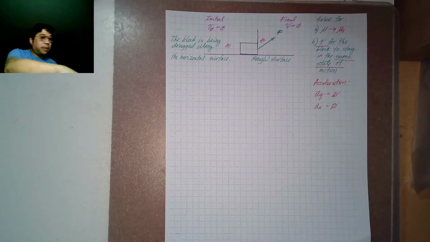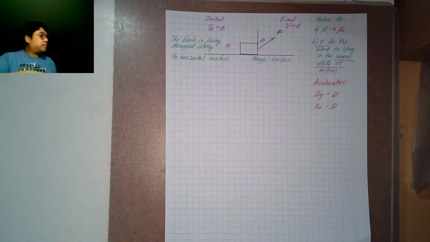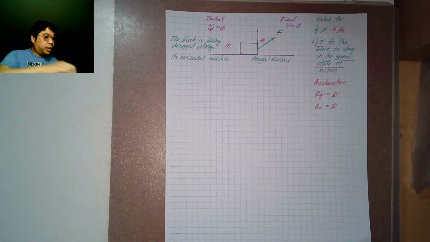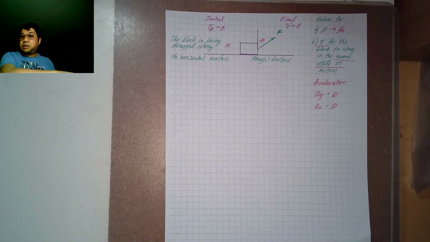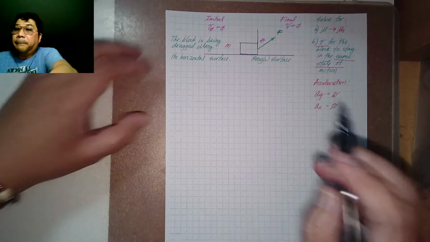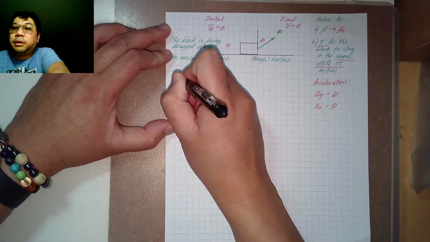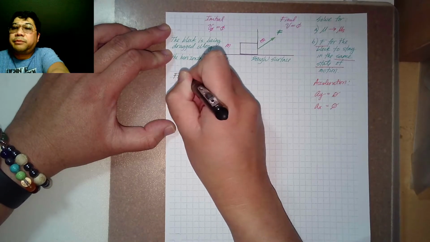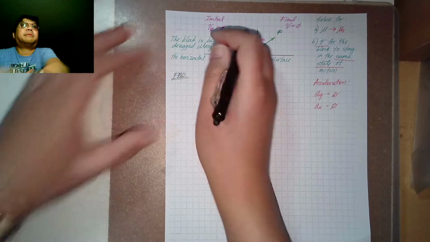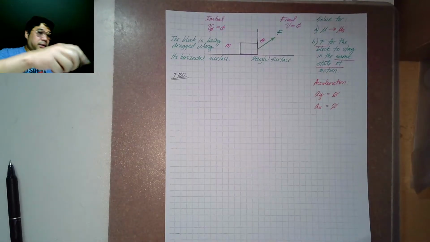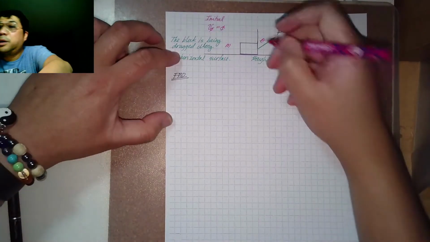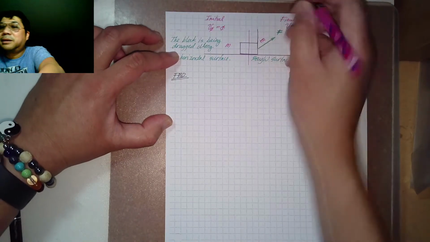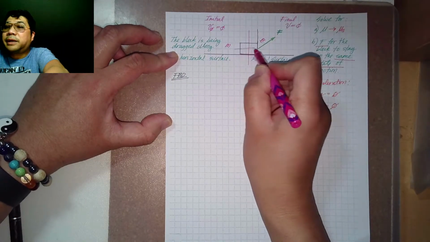Just like what we've been doing in the past, and the same process of solving this problem, we will start with the free body diagram, FBD. So let's start with a free body diagram, assuming that there are imaginary x and y axes right here.